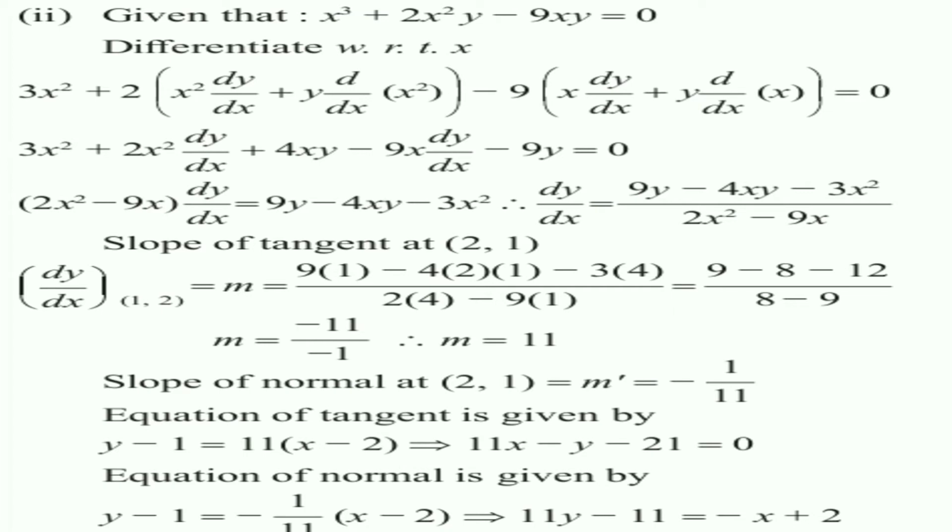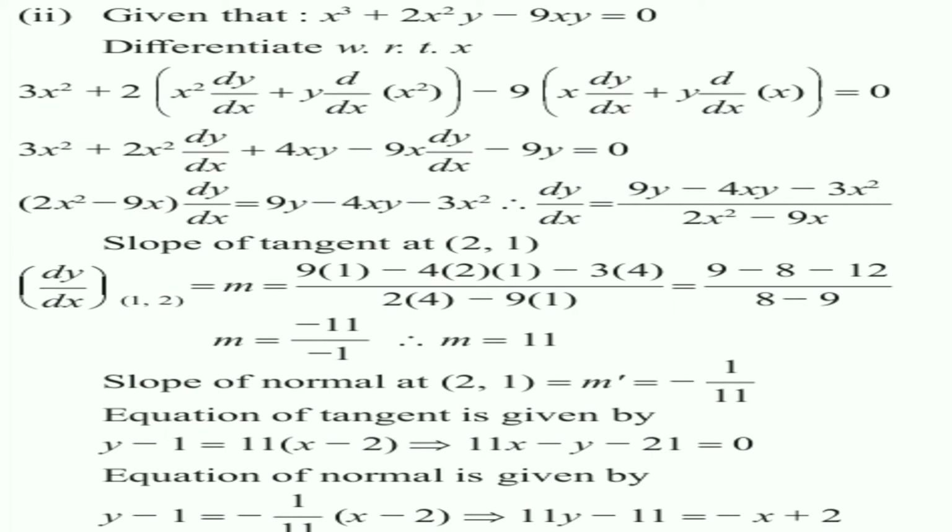Slope of tangent at point (2, 1) equals m equals (9 into 1 minus 4 into 2 into 1 minus 3 into 4) divided by (2 into 4 minus 9 into 1). After solving, we get m equals 11. Therefore, slope of normal at point (2, 1) equals m dash equals minus 1 upon 11.